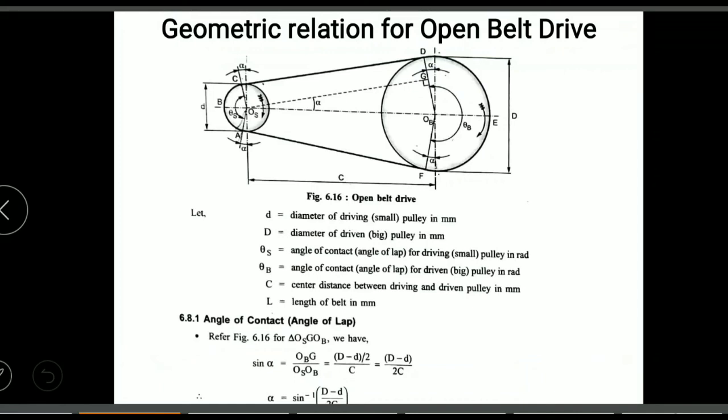So I will revise the part which we have covered in this session. We have seen the diagram of the open belt drive, we have understood the parameters, small d, bigger D and all that, and just taken the triangle OSGOB, and through that triangle we have calculated the value of alpha. After alpha we have calculated the angle of contact of the smaller pulley as well as the bigger pulley.